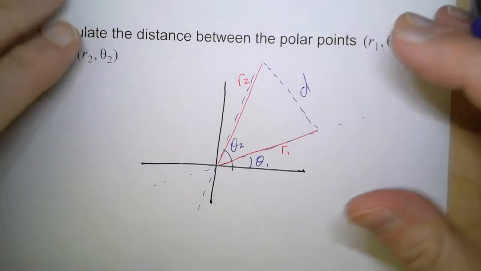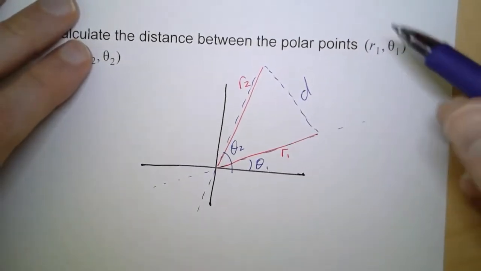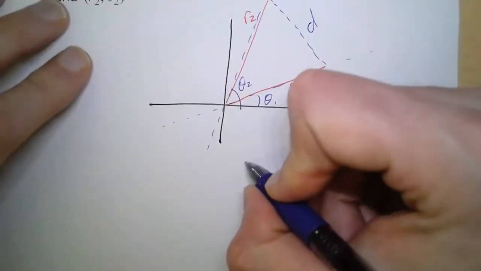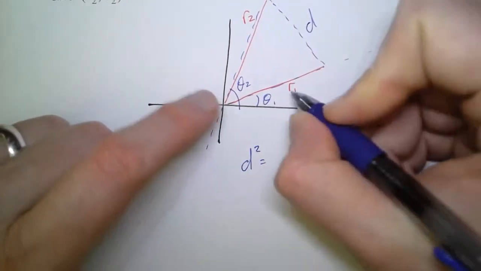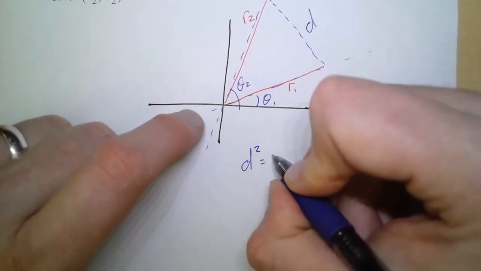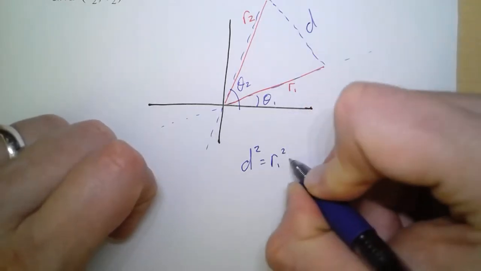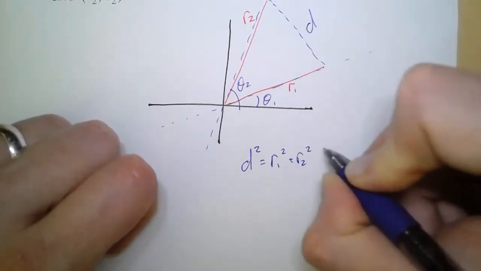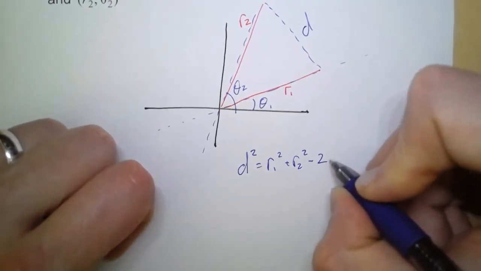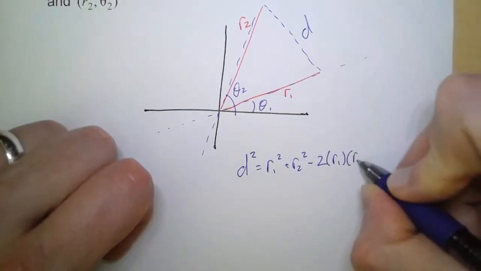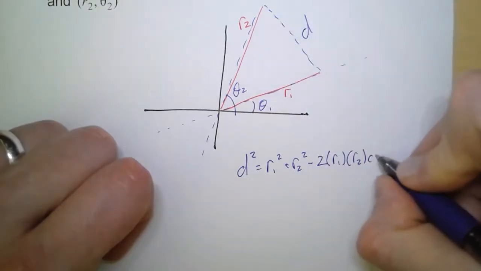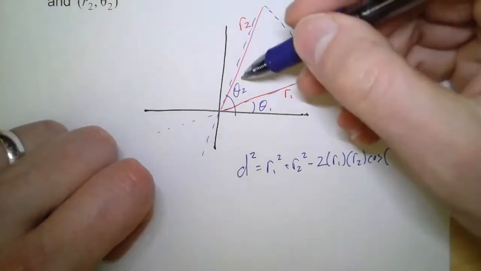Now, we still use law of cosines. And what we used is the same setup as numbers 1 and 2. So let's follow that. What I took is each of the r values, so that's r1 squared plus r2 squared, minus 2 times r1, that's this side, times r2, that's this side, times cosine of, now our angle is in here.